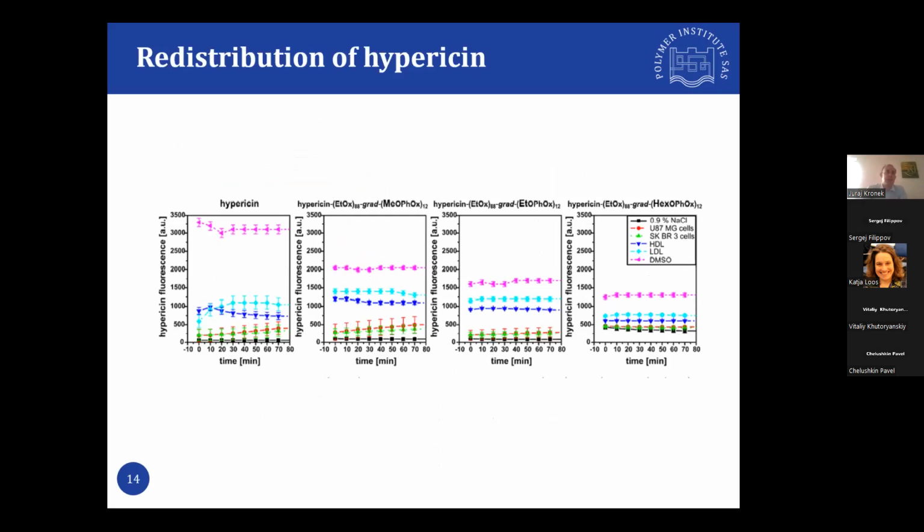Very important is to follow the stability of our nanoparticles, and we studied the distribution of hypericin in different media, and you can see that from methyl to hexyl derivatives, the distribution is gradually decreasing. It means the more stable particles were obtained in the case of the hexyloxyphenyl oxazolate.